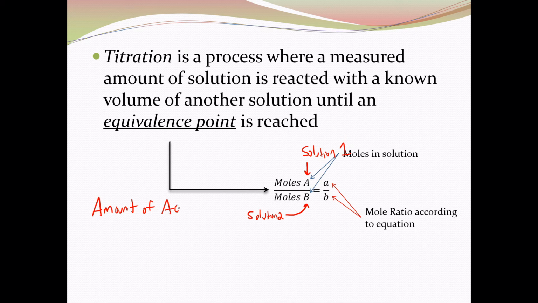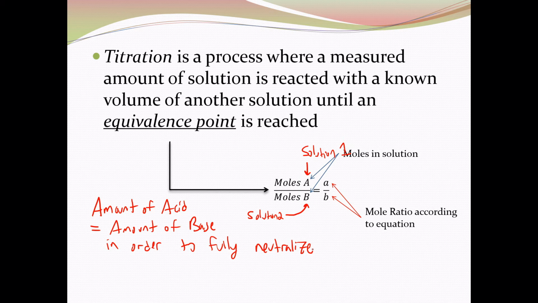For acids and bases, what this basically means is that at its heart, the amount of acid equals the amount of base in order to fully neutralize the reaction. So for acid-base titrations, the equivalence point is when all of your acid has been neutralized by all of the base.